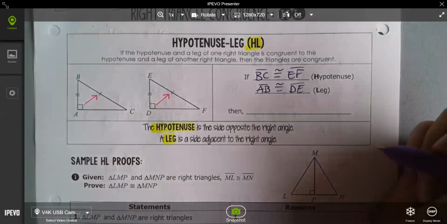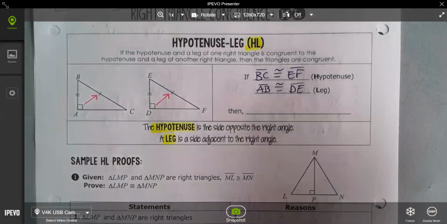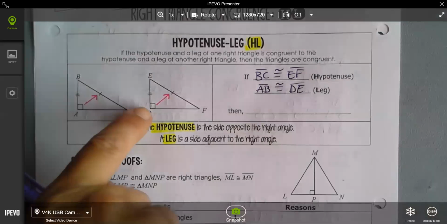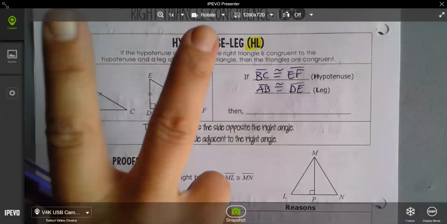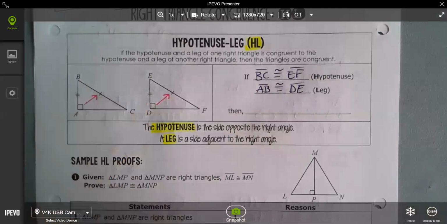You don't need three pieces of information because technically that third piece is the right angle. This is only for right triangles.